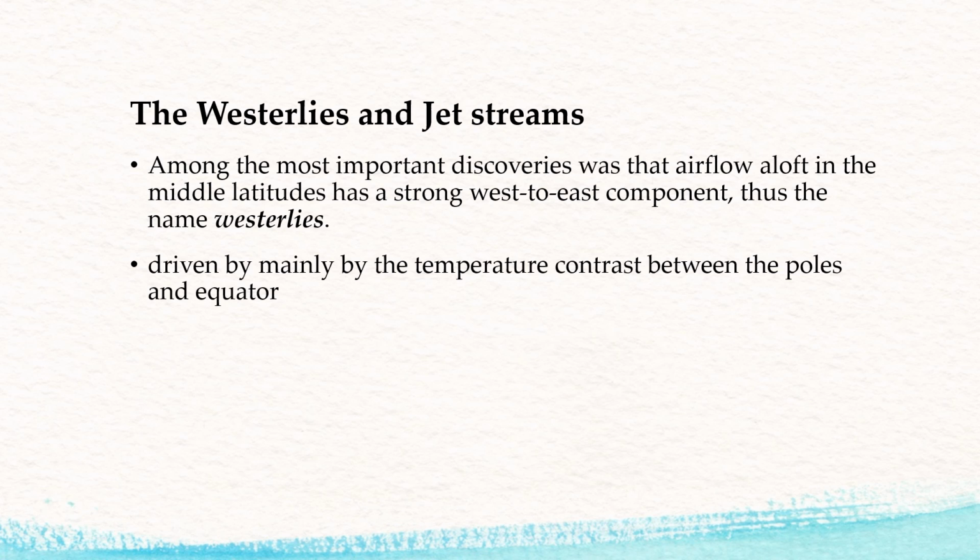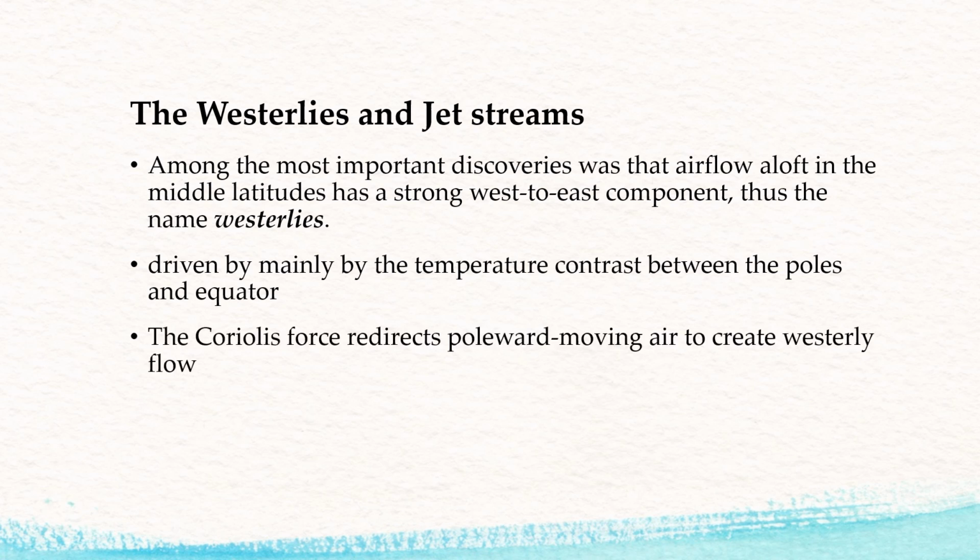Therefore, the pressure gradient aloft is directed from the equator, where we find the area of higher pressure, towards the poles, where the pressure is lower. Aside from being driven by temperature, it is also the Coriolis force that redirects poleward moving air to create westerly flows.